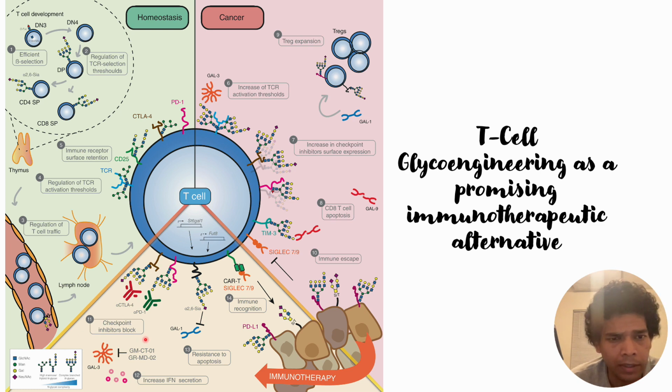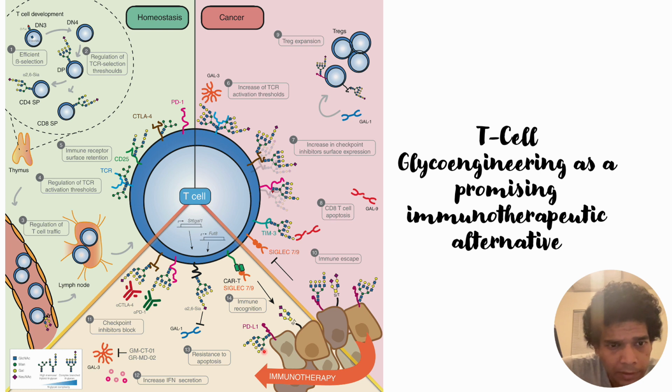And again, what is mentioned here is the checkpoint inhibitor blockage. So glycans can be engineered in a way that they will block those substances that are used to inhibit the checkpoints within the tumor cells, or in the tumor microenvironment.